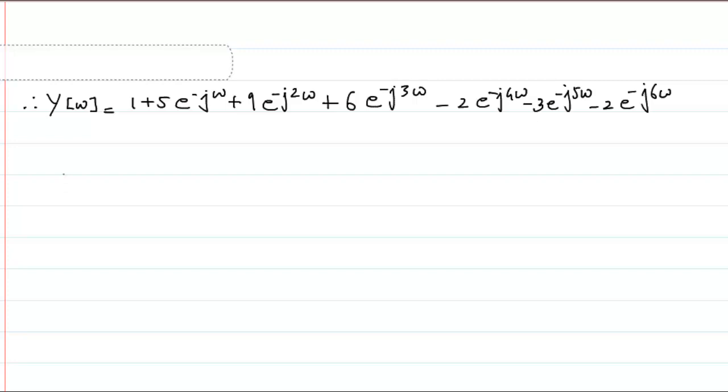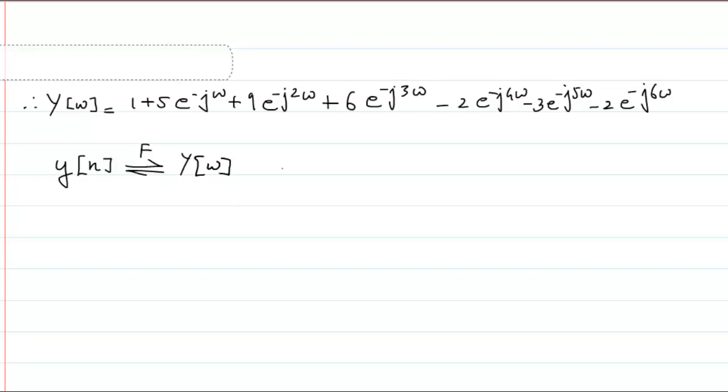Now to find out y of n, y of n is basically the Fourier inverse of Y of omega. So if you take the Fourier inverse, you will get y of n.